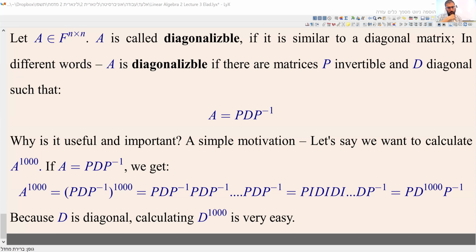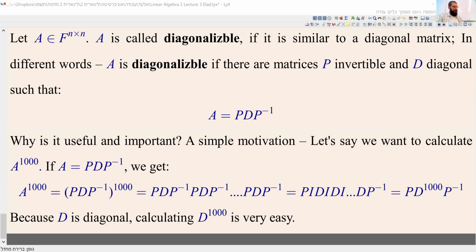And we have to answer two questions, actually. The second one is, how do we diagonalize a matrix? But the first question, or basic one, is how do we know what conditions the matrix should satisfy so that it should be diagonalizable from the beginning? Not every matrix is diagonalizable.